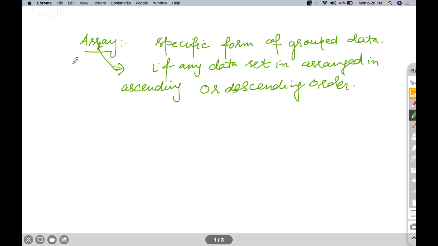So array means you take the data and put it in ascending order, or you put it in descending order. So you find an array.